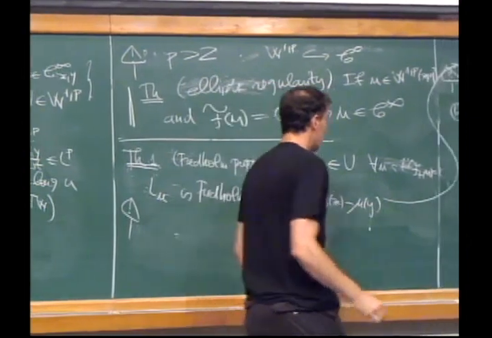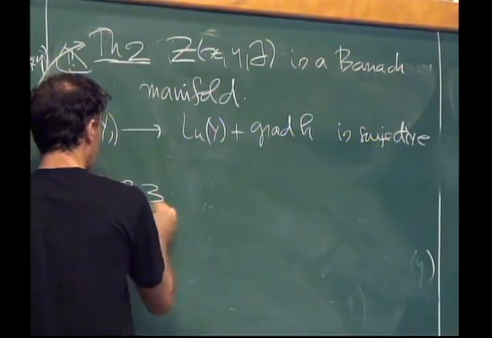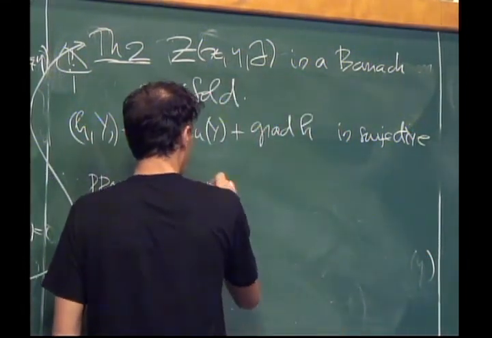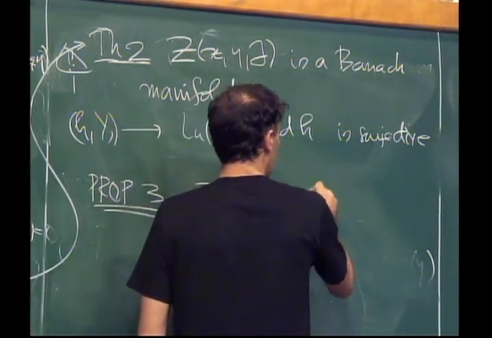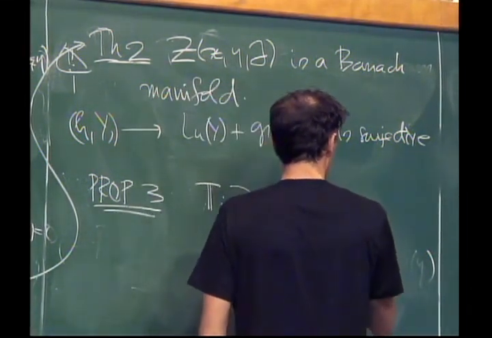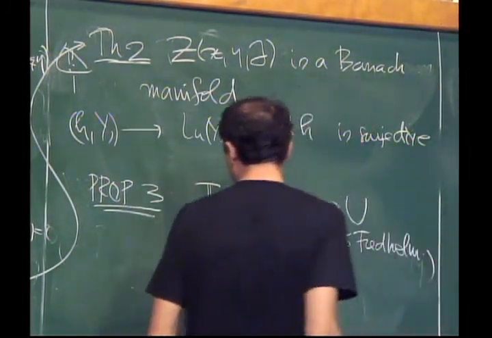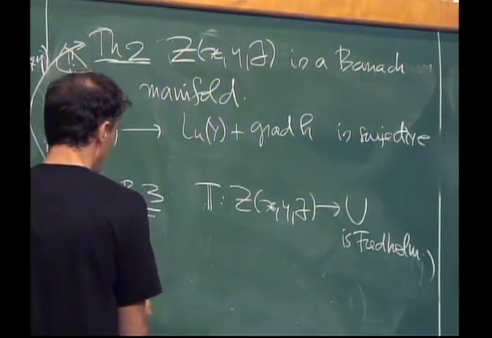And finally, we have this property: pi restricted to this Z, from U, is Fredholm. So yeah, this one is not hard.